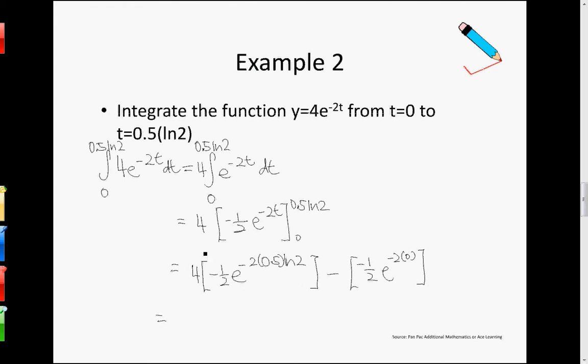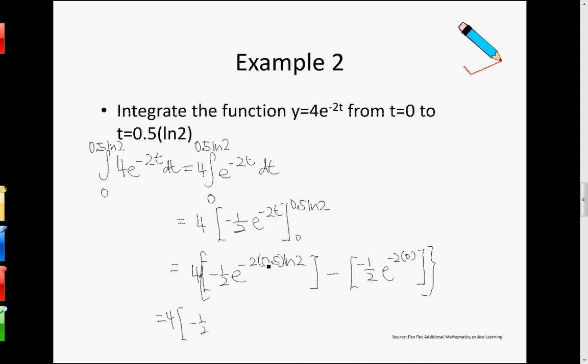Oh, and the 4 also has to multiply by all of them. So all I'm left with is 4, and then negative half e to the power. Here we have to do some simplification. So I'm left with negative half e to the power of negative 2 times 0.5, which is 1.